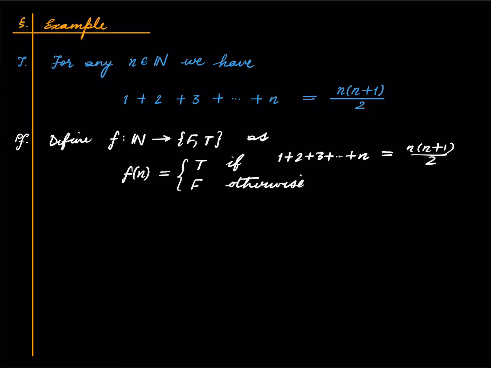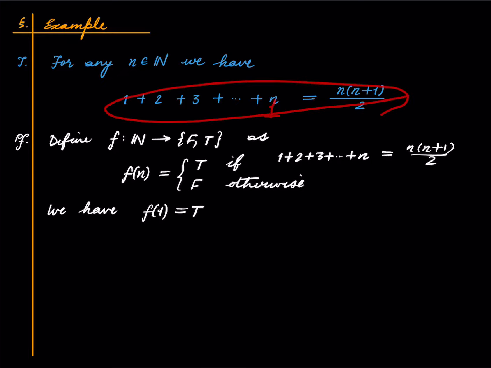Okay, so that's how we define f. And note that we have f of 1 is true. That's clear. That's just by substituting n equals 1, of course, this is true.